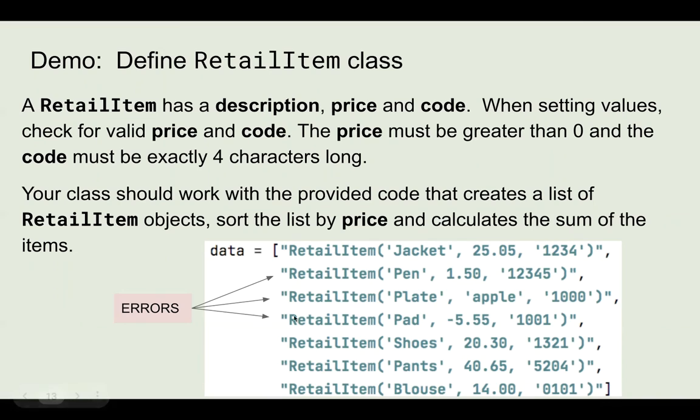I've included several invalid retail item objects here. Here, the code is more than 4 characters. Next, here, the price is invalid, is not a floating point. And here, this is invalid because it's not a positive number.